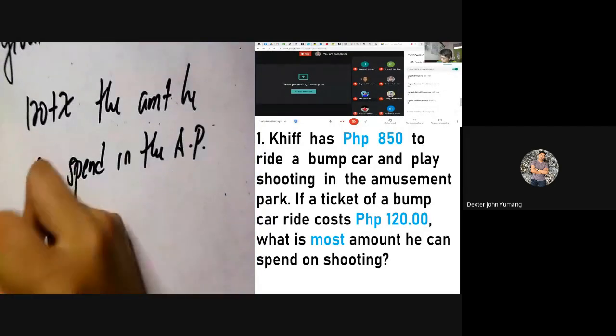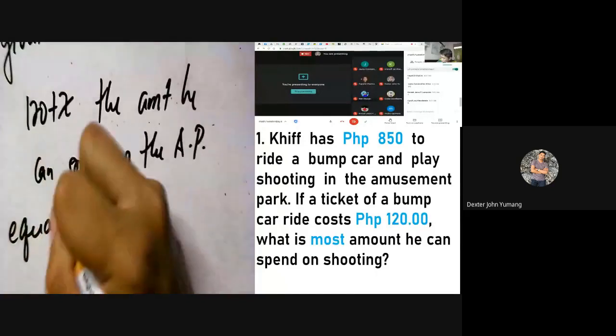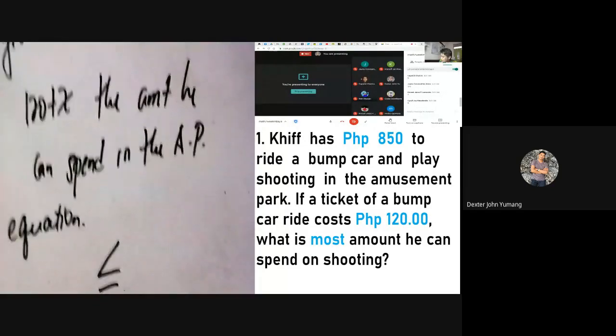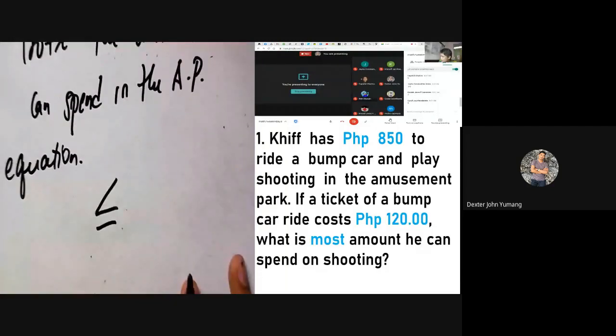Next, what is our equation? The word is at most. Therefore, we are going to use the symbol less than or equal to. At ano yung less than or equal to natin? Sige daw, you type on the chat box what will be our equation for this problem.